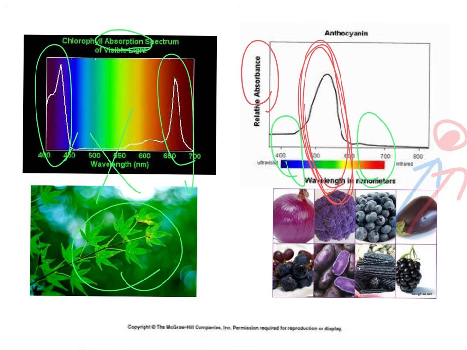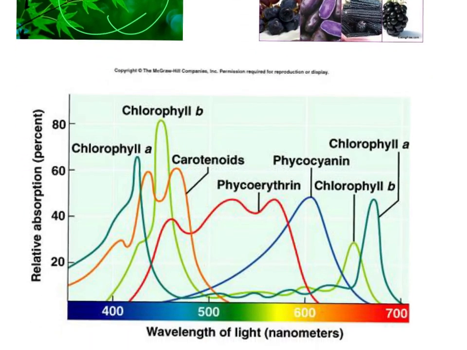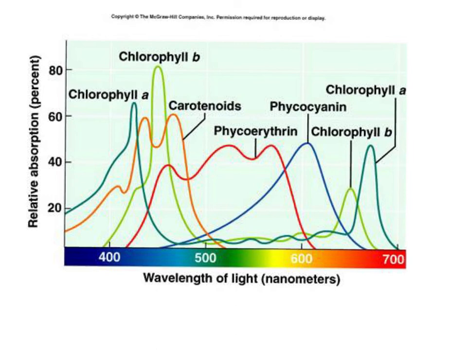To conclude, there's one more graph that shows a variety of all the different types of pigments that are in plants. This graph is measuring absorption. So I can see that chlorophyll B, for example, really absorbs well wavelengths around 450 nanometers.